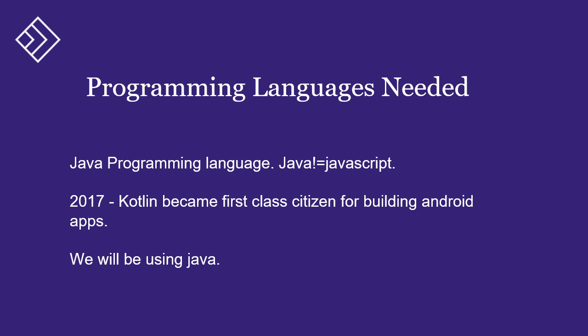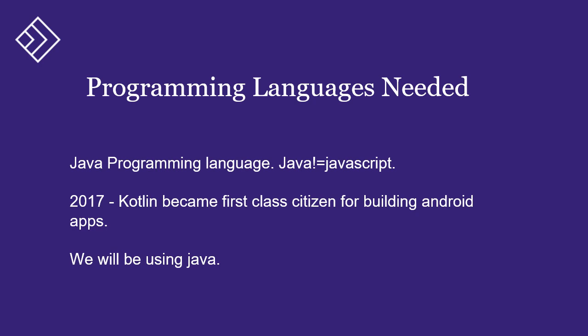So the programming language that has been used for building Android apps is actually Java. And please, Java is not equal to JavaScript. Java was popular when JavaScript came out, and they wanted JavaScript to also be popular, so they just used the name Java and added script to it.